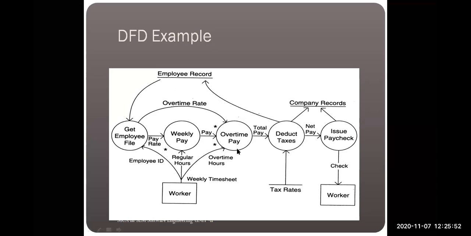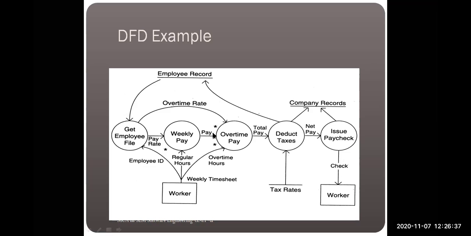To calculate overtime pay, it needs the detail from the employee file, it needs the detail from the weekly pay, and it needs the details of overtime hours which the worker has performed based on the weekly timesheet. So there are so many things processed over here. For a single process getting more than one input, an asterisk is needed to represent them, and it will be represented in the form of an AND operation.